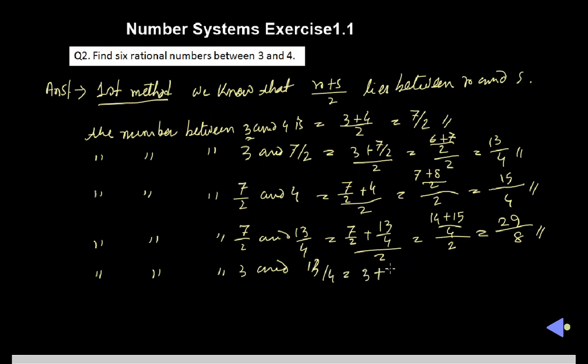So 3 plus 13 by 4, divided by 2. How much? In the upper part it becomes 4 times 3, that means 12, isn't it? 12 plus 13, and here it is 2, so it becomes 8.